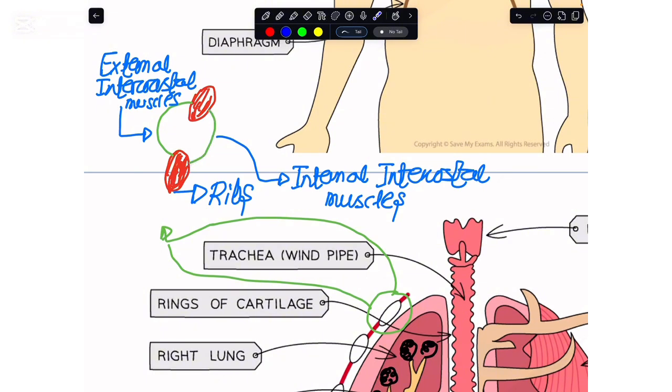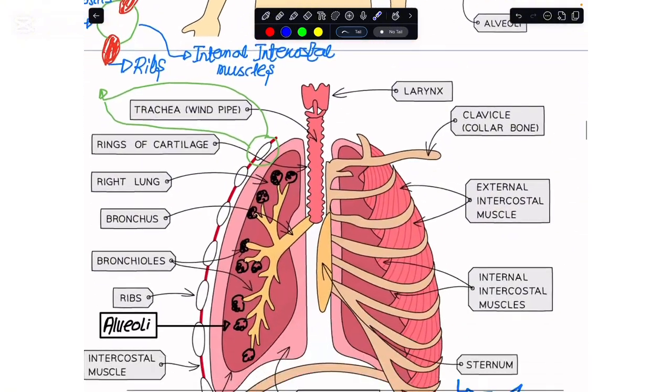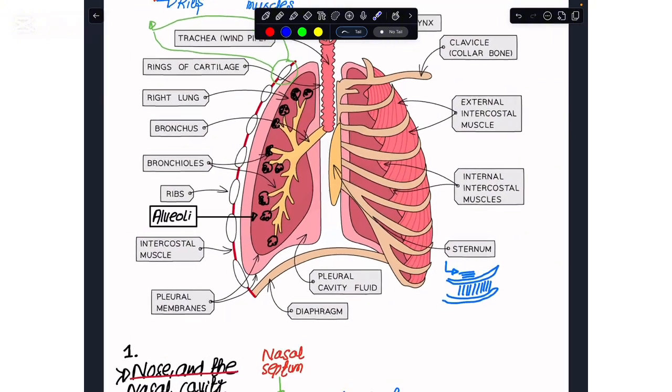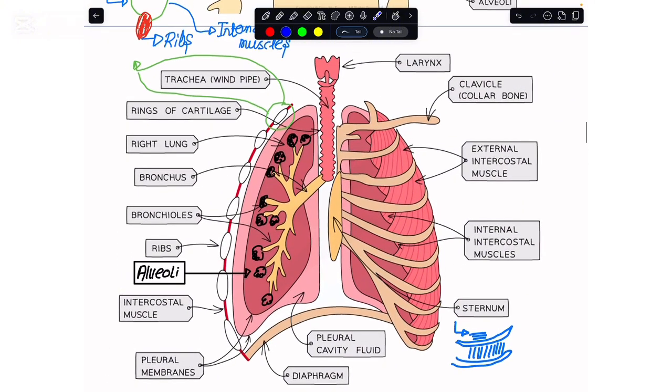As I said before, the ribs, the external and internal intercostal muscles, and along with that the diaphragm, all collectively assist in the ventilation or breathing process. I hope you are very clear about the diagram and the structure of the respiratory system on the inside of the human body.